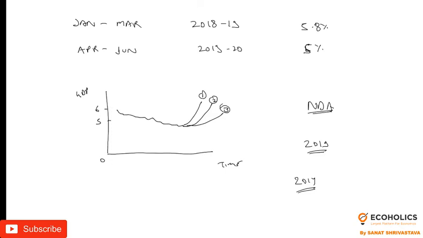Apart from this, there is a problem of joblessness. Now, joblessness, that is the unemployment rate, stood around 6.1% in the January-March quarter, and it was the highest in the last 45 years. So the unemployment is also highest, especially in 2017-18.